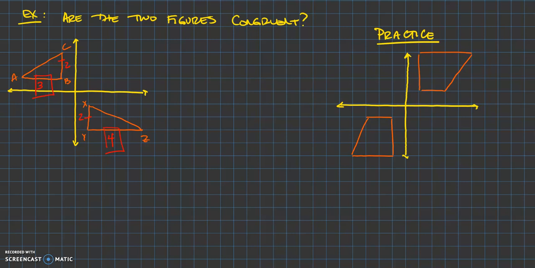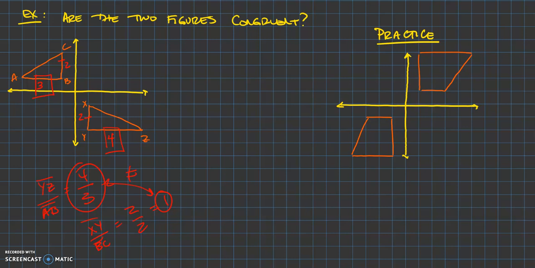If I compare YZ to AB, I get 4/3, but if I compare XY to BC, I get 2 over 2, which is 1. 4/3 does not equal 1, so these are not similar. They're not congruent, and they're not similar.